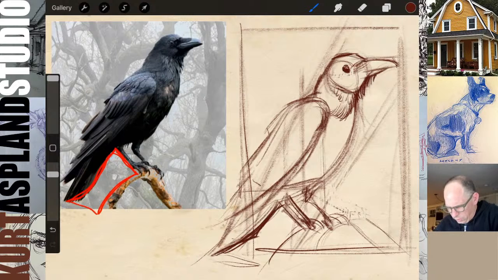Okay, I'm going to squint my eyes here and get some tone in the darkest areas.